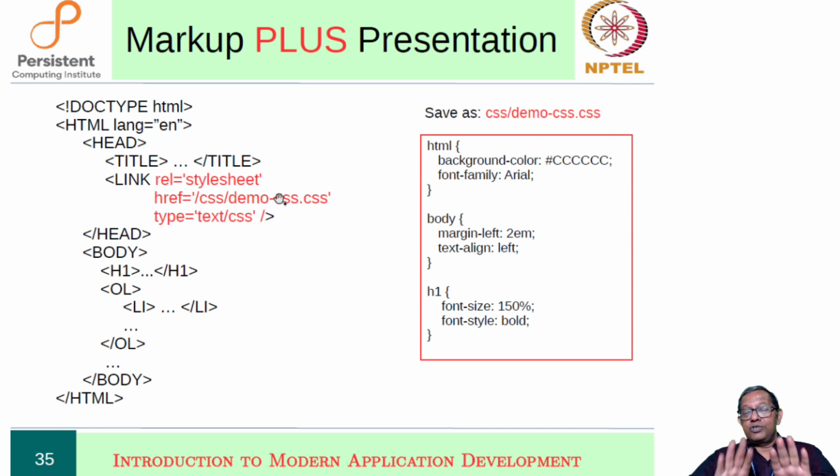This allows us to separate the presentation information in a separate file and the markup information in a separate file, and they are linked together using the link tag in HTML.